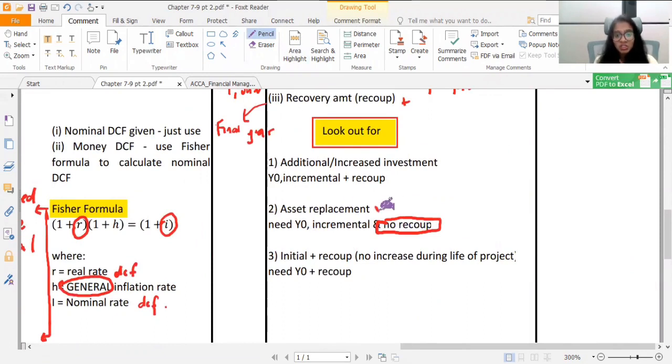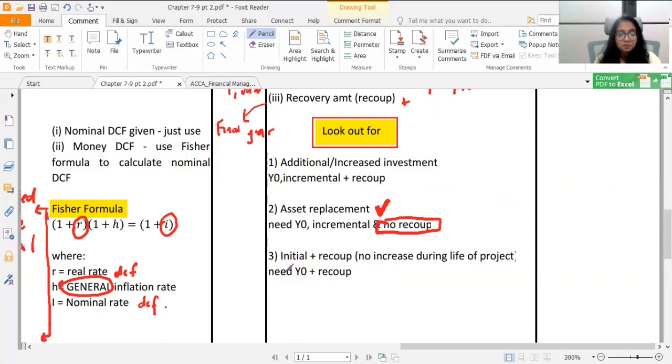When he mentioned that asset will be replaced, he did not recoup the working capital because the examiner's assumption is the project will still continue even though the asset is sold. That means the project will continue.